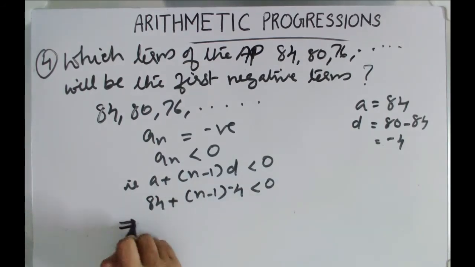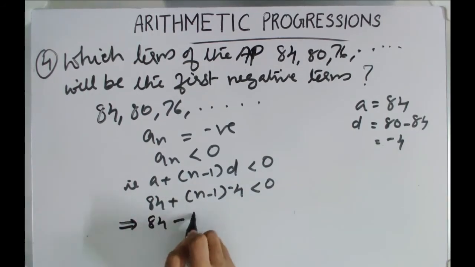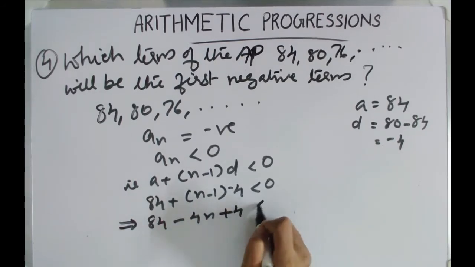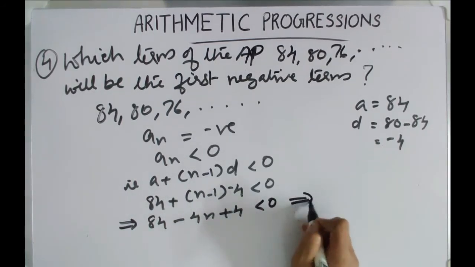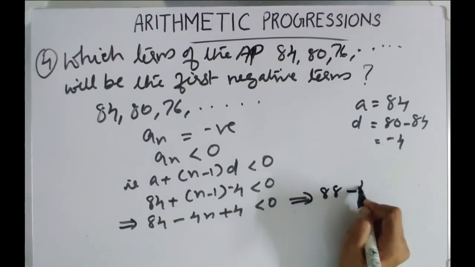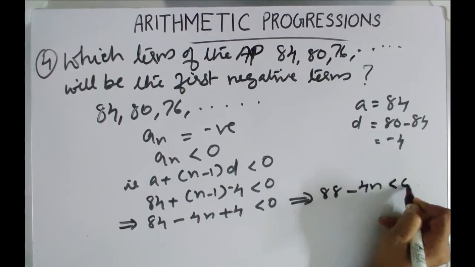This implies 84 minus 4n plus 4 is less than 0. This implies 84 plus 4 is 88 minus 4n, which is less than 0.